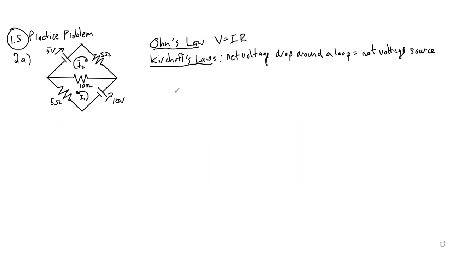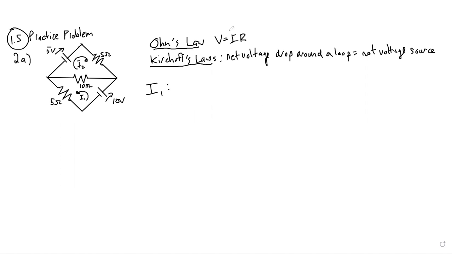So what we want to do is set up our two equations, one for the first loop and one for the second loop. So we could set up I1, and basically what we want here is the voltage drops from those two resistors to be equal to that battery source.